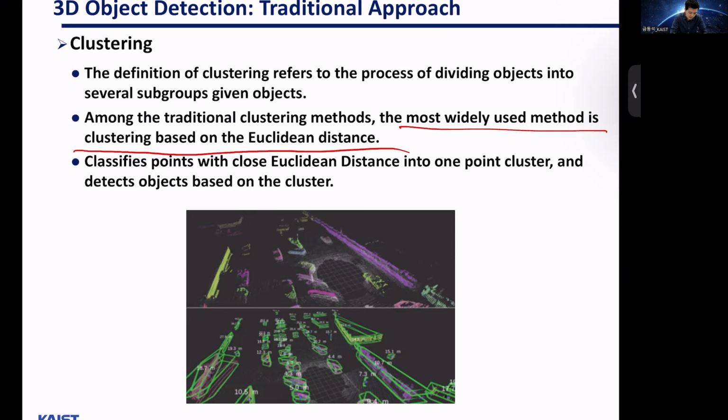We can cluster points and detect objects based on clustering methods, classifying points with close Euclidean distance into one point cluster and detecting objects based on the cluster.